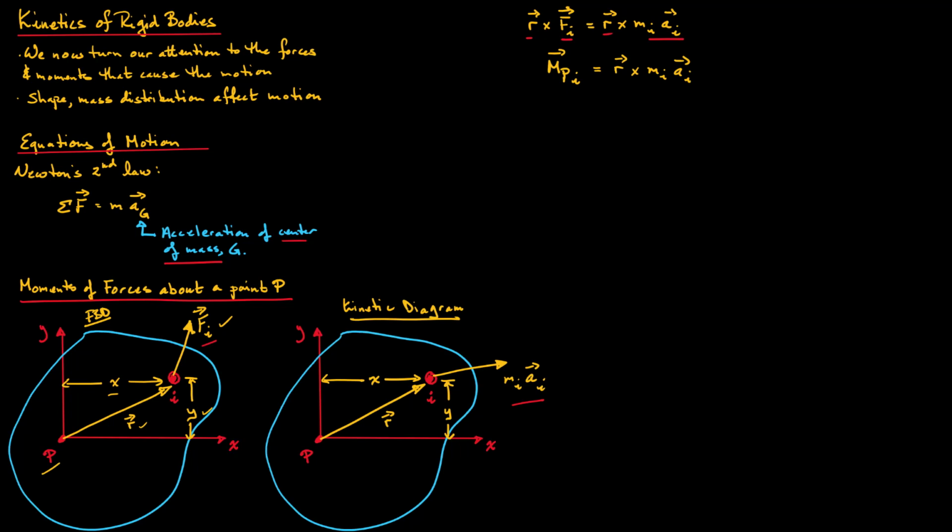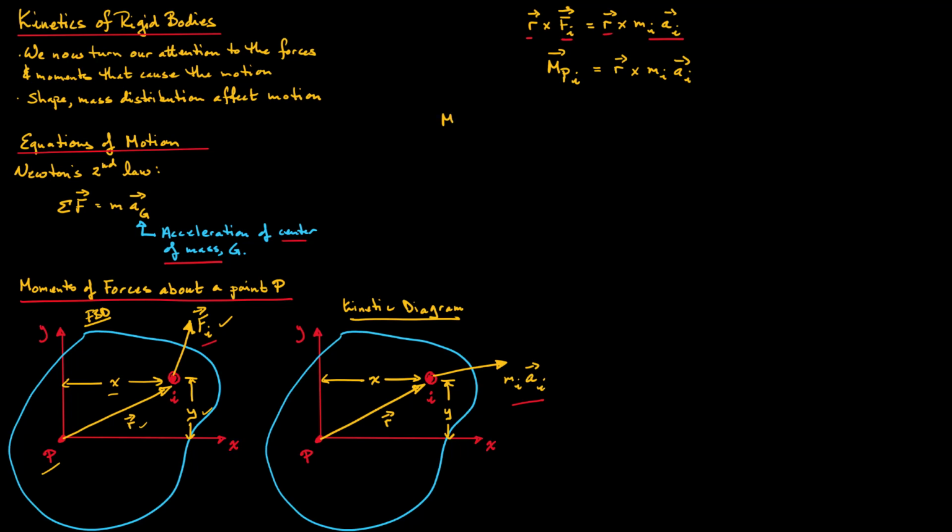So it's a bit awkward because what we are doing here is that we're taking the moments about point P, but we are looking at the acceleration at point I. So we have two frames of reference here. Why don't we express the acceleration at point I in terms of the acceleration at point P?